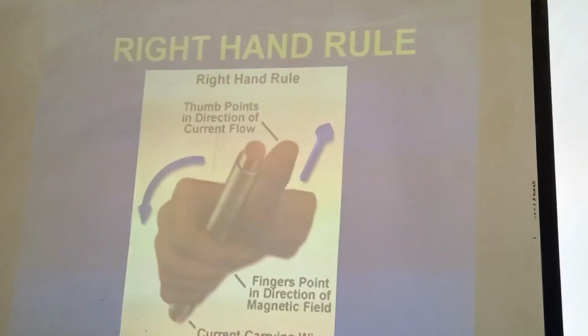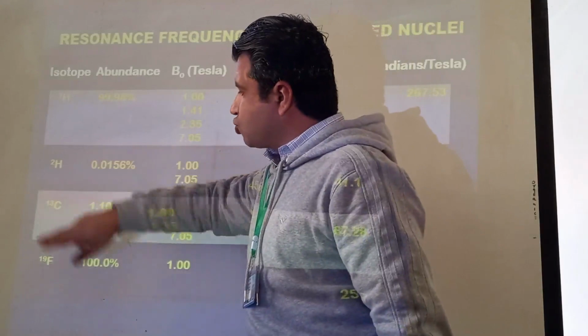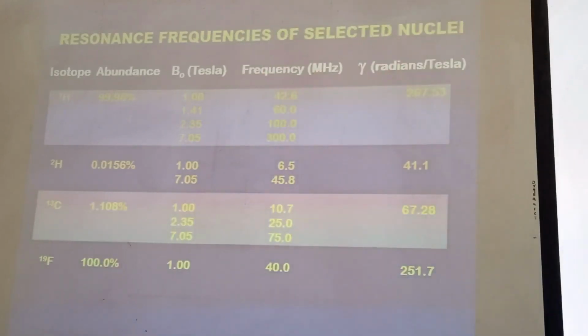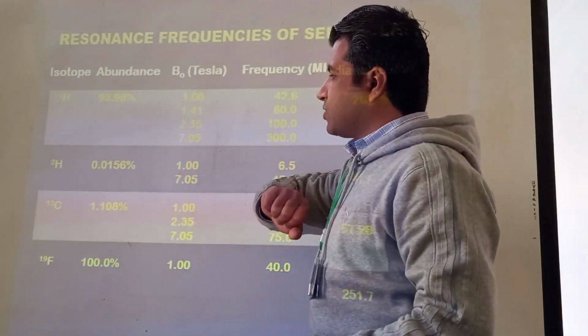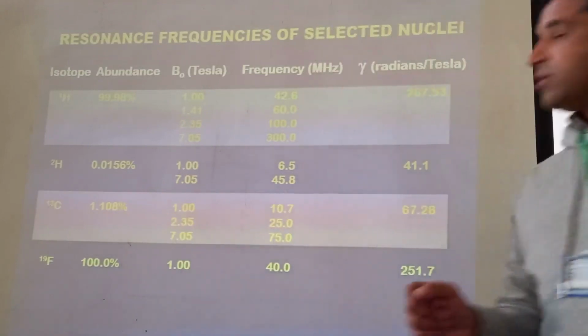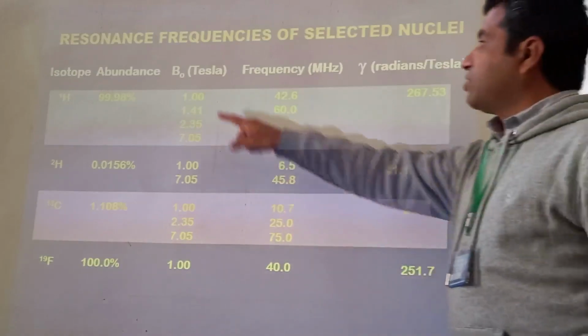So let's have a comparison and then we sign off. These are the resonance frequencies and some other information of some of the common nuclei. We have proton, deuterium, carbon-13 and fluorine. The natural abundance for proton is 99.9%. For deuterium it's 0.01%, for carbon-13 it's 1.1% and fluorine is 100%. Then we have the magnetic field strength.